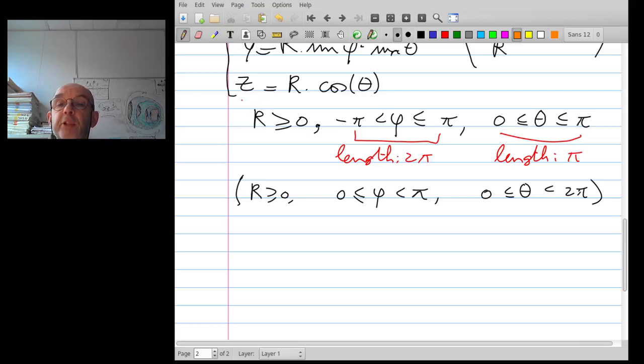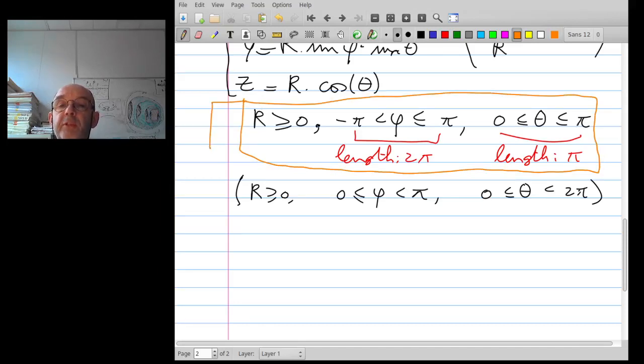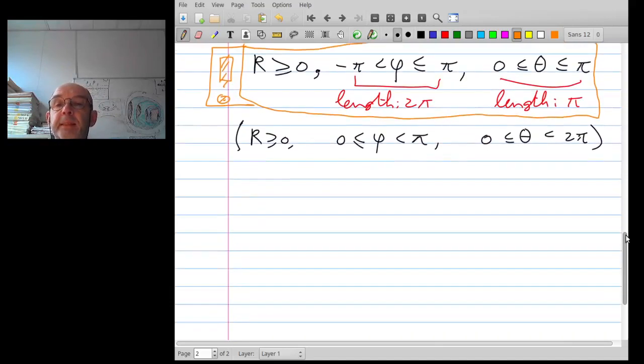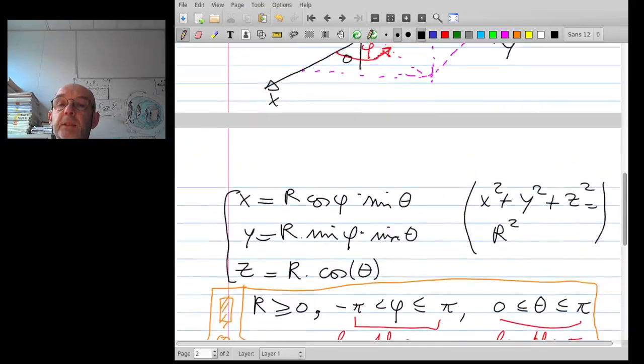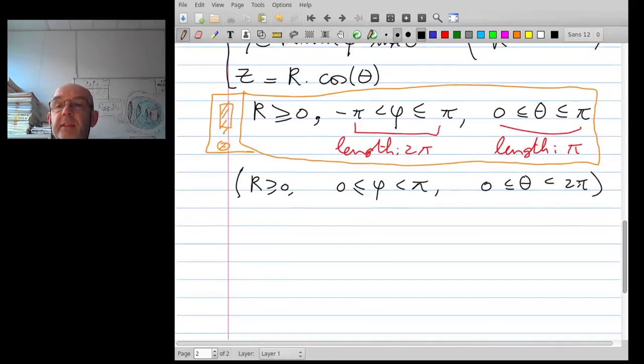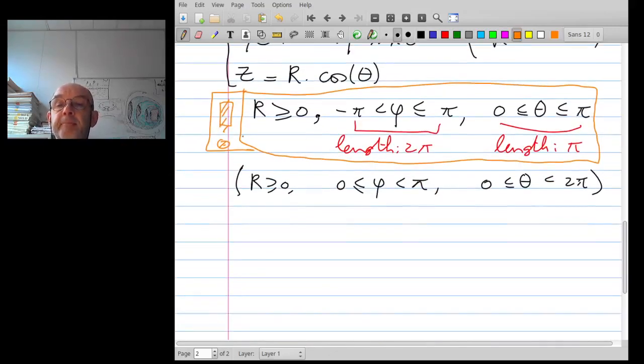Let us agree that, if we are not doing something else, we will use this most of the time. And if you look at that figure, what do you have?